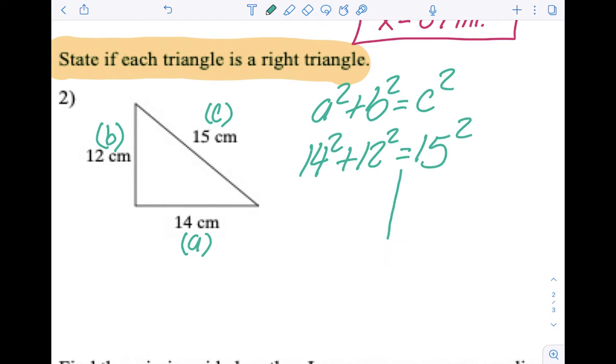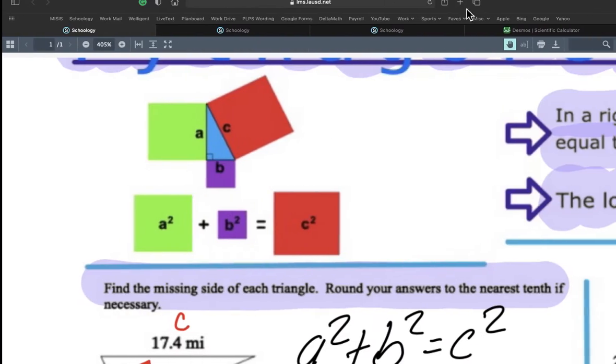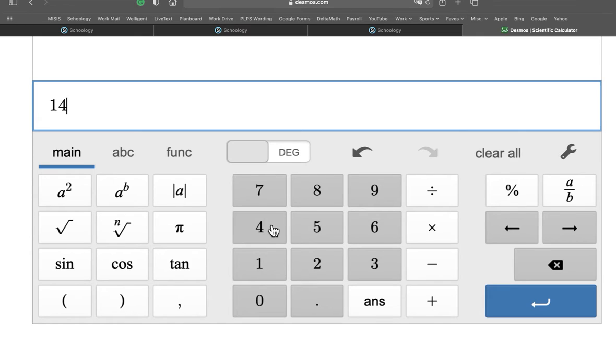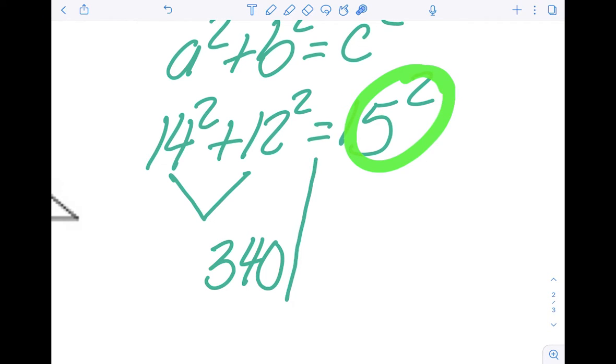So what I'm going to do is put these two into the calculator. 14 squared plus 12 squared. So I'm going to go back here to my trusty calculator, and I'm going to say 14 squared plus 12 squared. That gives me 340. And then on the right side, I'm going to do 15 squared.